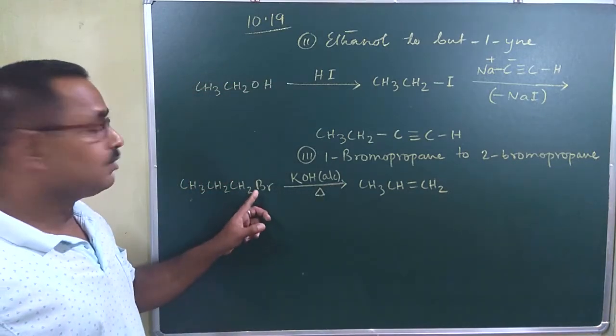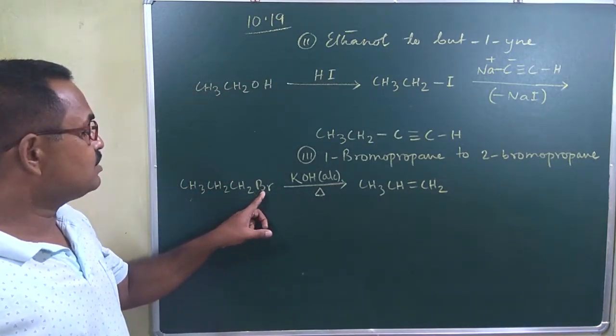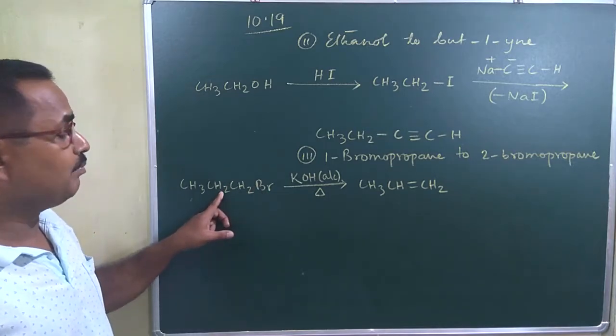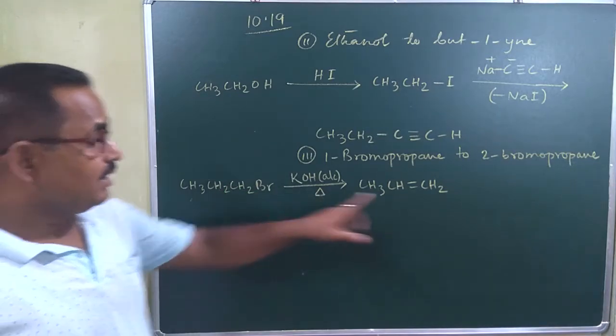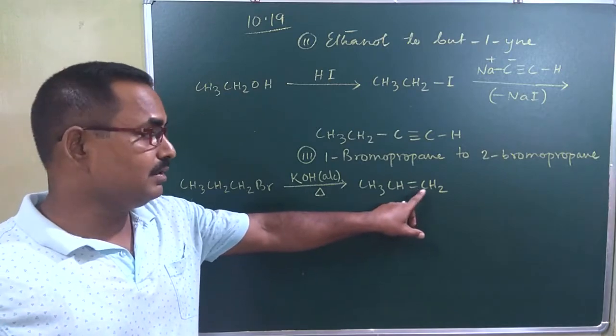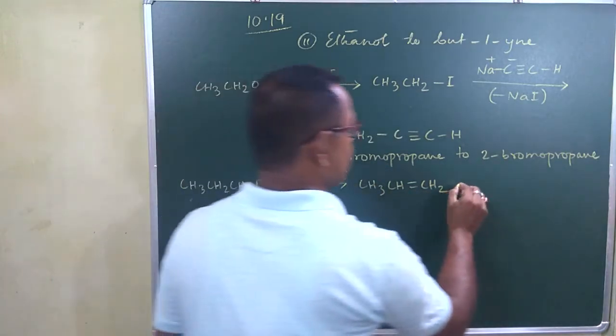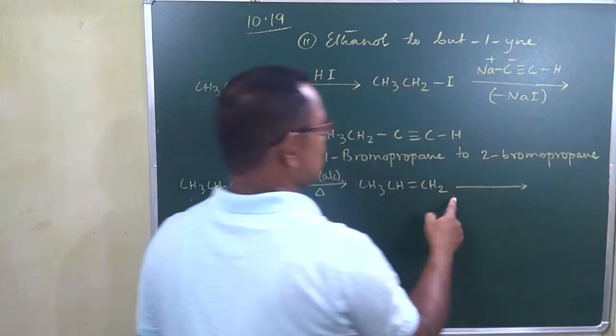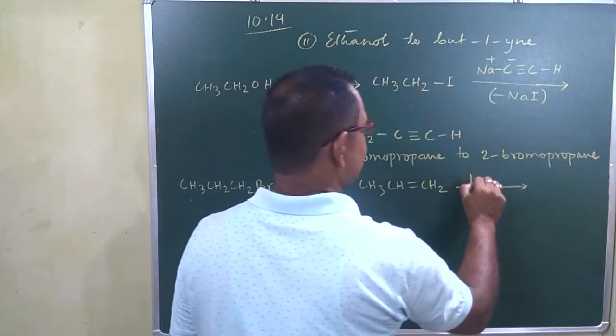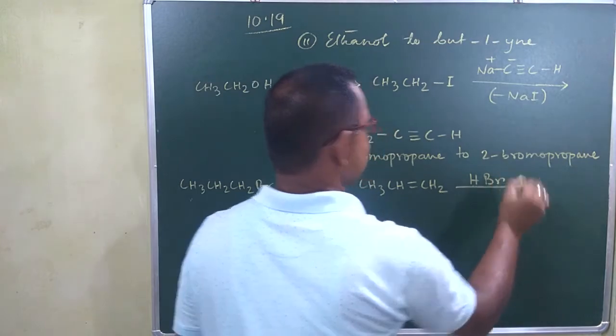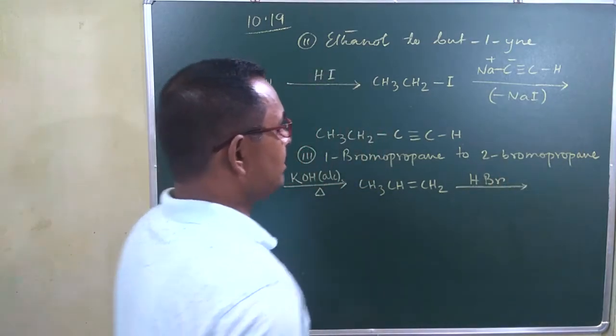dehydrobromination, loss of hydrogen bromide. So this Br and a hydrogen from beta carbon will be lost. As a result, there will be a double bond between these two carbons. So we get propene. Now this propene will be treated with HBr. What will happen?